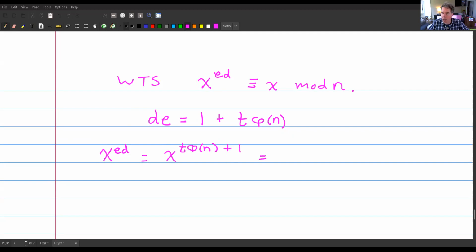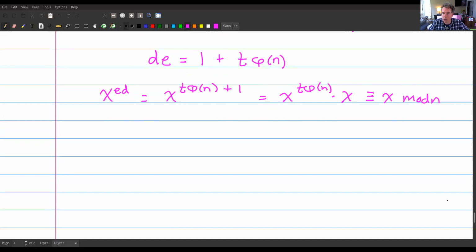But this is the same thing as x to the t times phi of n, times x. And what we want to show is that this is equivalent to x mod n. So now we have an easier problem to solve.